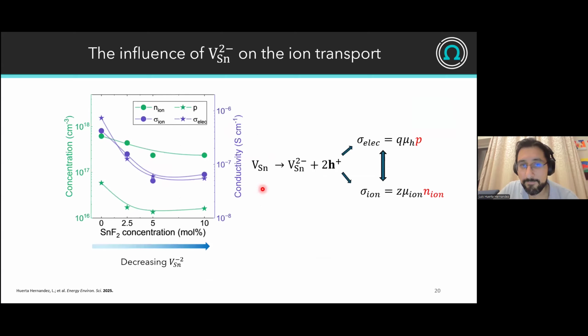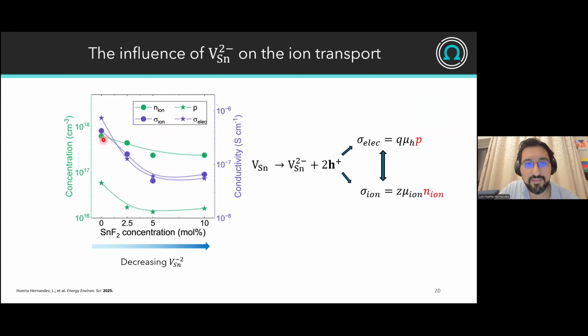So now, putting everything together, we plot the ionic and the electronic conductivities as a function of tin fluoride, and also the carrier concentration and the mobile ion density. The carrier concentration we calculated with high frequency Mott-Schottky, very similar to the low frequency Mott-Schottky, but at high frequency.